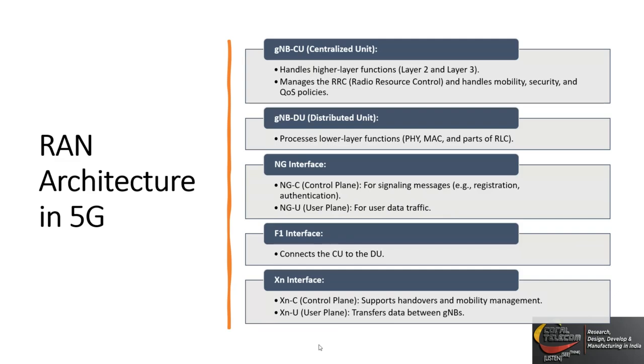Here we have discussed that the last interface is the Xn interface, which helps us do handover and mobility management. In mobility management, the user keeps on moving. Whenever we have a mobile device or user equipment, it is not stationary. Today one person is at location X, tomorrow at location Y. If we have created our network over a large scale, the user will move from one gNodeB to another gNodeB, or one RU to another RU.